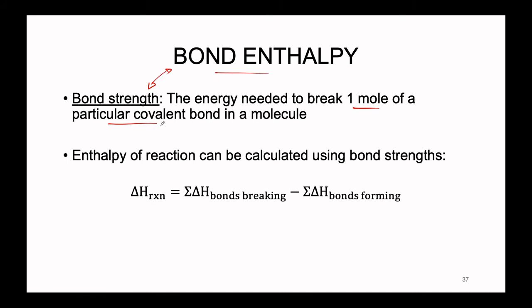The enthalpy of a reaction can be found by using these theoretical bond strengths. So this is our last equation to learn in the chapter. We've learned so many already, but here is a new way to find the enthalpy of reaction.